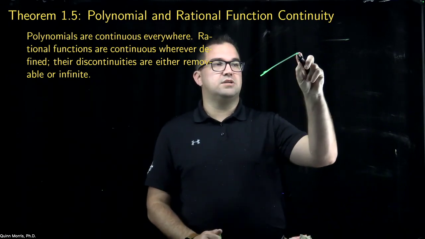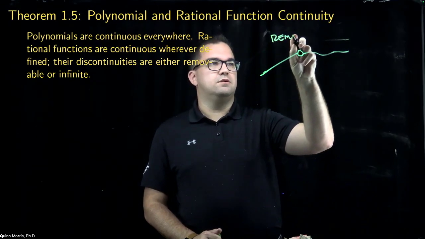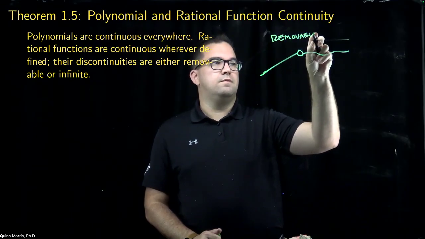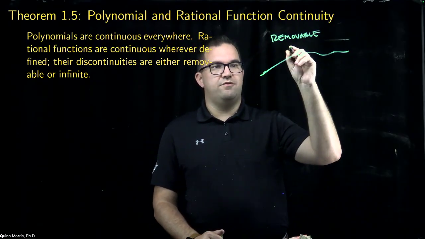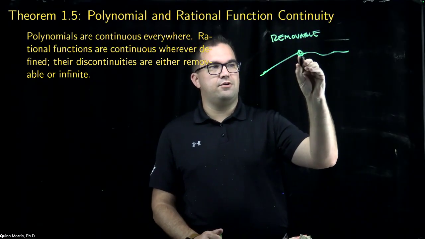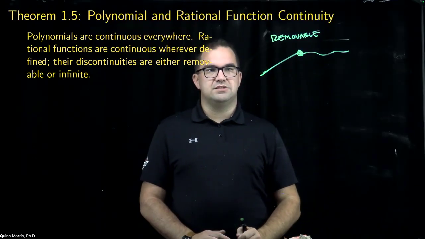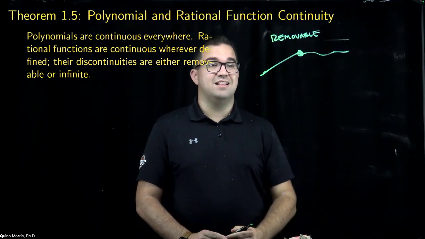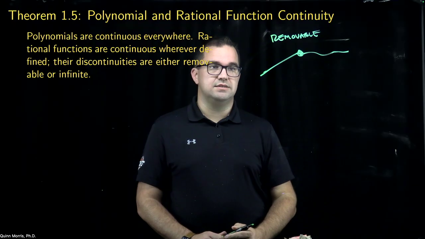A removable discontinuity maybe would be something like this. A removable discontinuity is just one where, if I could go in and define the function value, I could just sort of fill in that hole there. More formally, the discontinuity is removable if the limit exists, but the function value just doesn't exist.